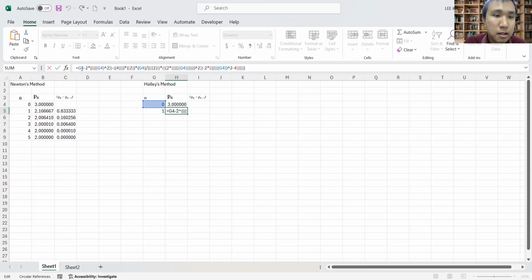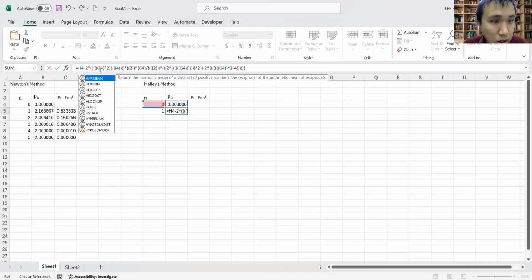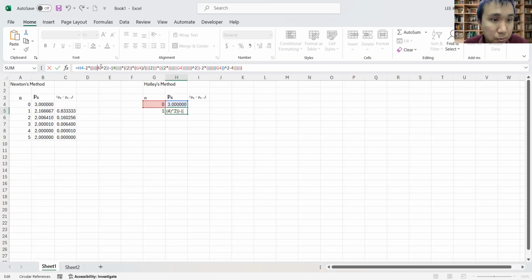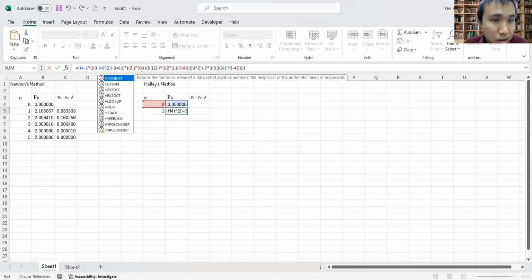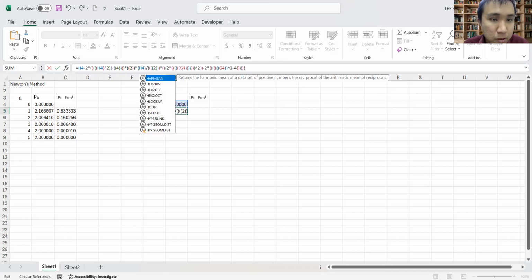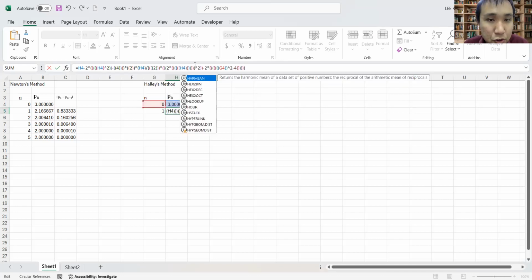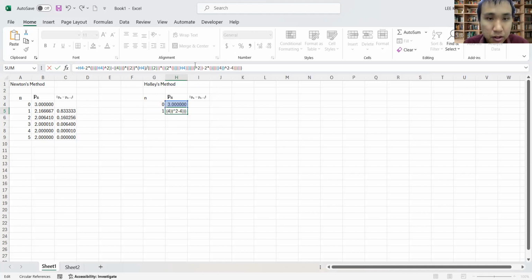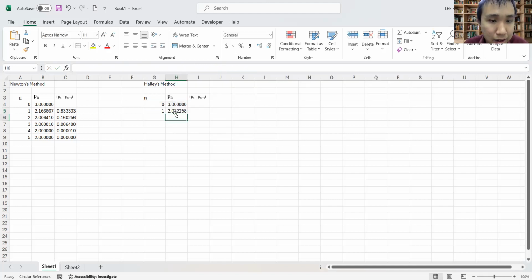Because it's in column H4, we change everything to H4, and then we will get this number.